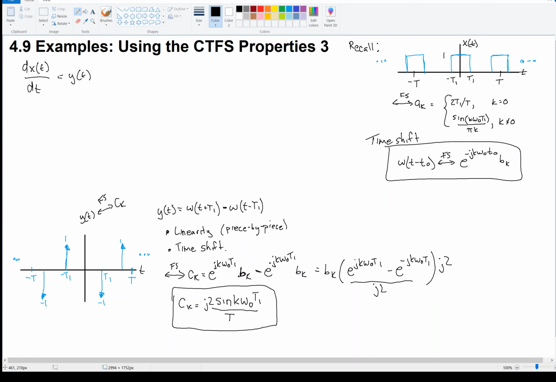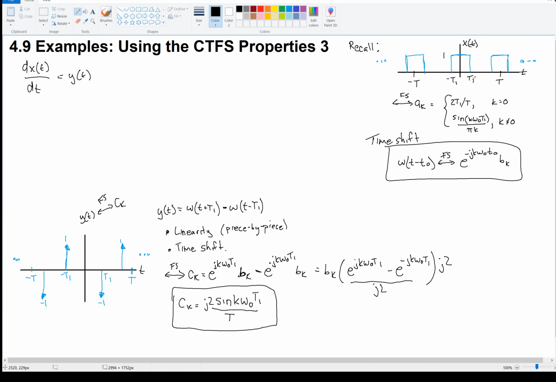Remember, the derivative is the slope. So let's consider this. On the pieces where I have 0, it's constant and I have 0 slope, then I go from 0 to 1 instantaneously. So I have a spike up to 1 in the derivative at minus t1. That's what I have here. And then I hang out at 1 for a while, so I've got a constant, so I've got 0 slope. So it goes back to 0 after that spike.